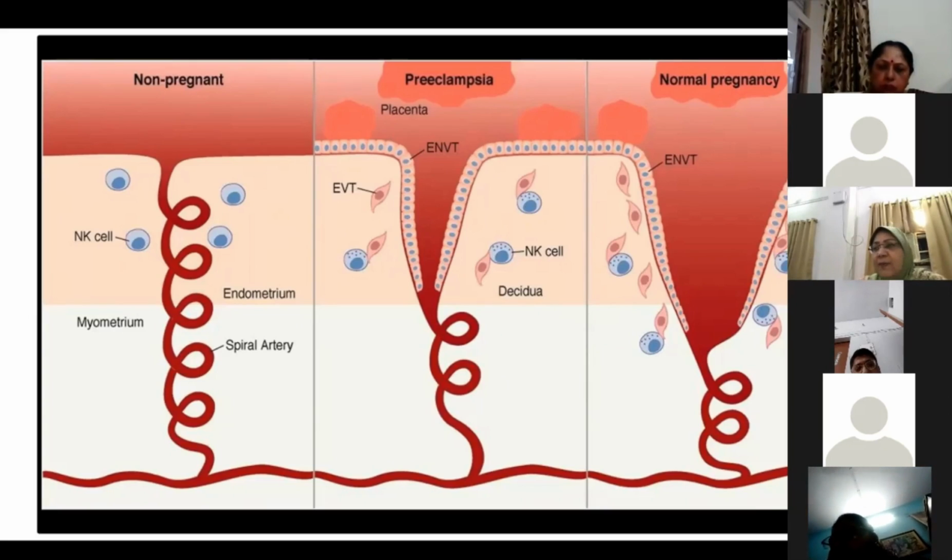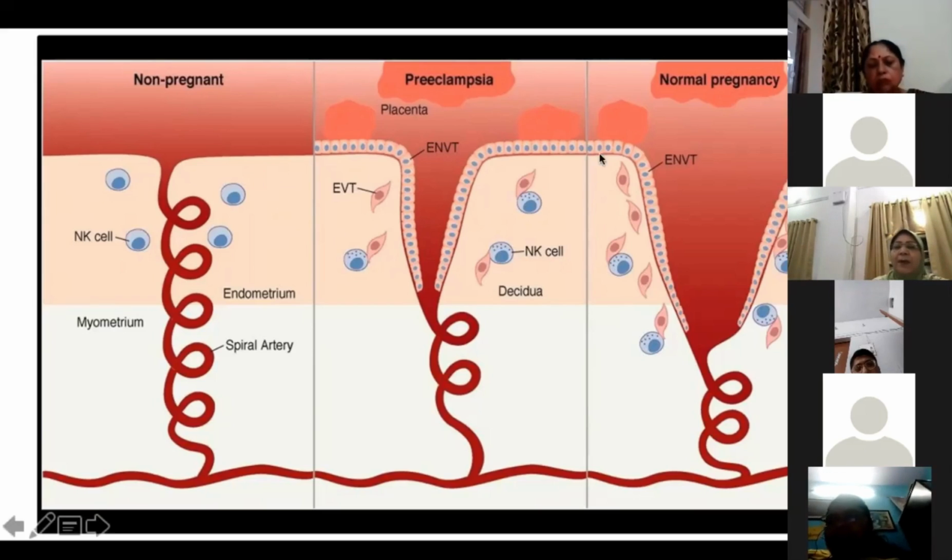Now, what happens in preeclampsia, eclampsia? Either because of some genetic predisposition, along with some immunological reason, the destruction of the vessels, which should happen right up to deeper layers of the uterus, is not happening.